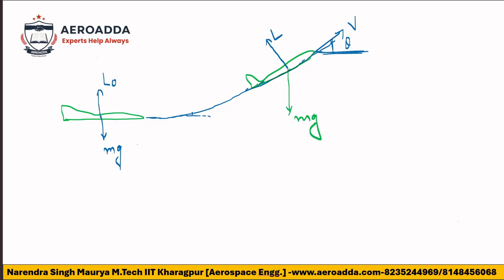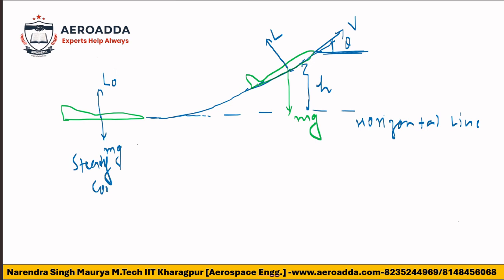Because of the disturbance, this angle is theta, and the aircraft has changed its orientation. Now this height of the aircraft from the base is h, with the horizontal as the reference. This is the steady level flight initial condition.